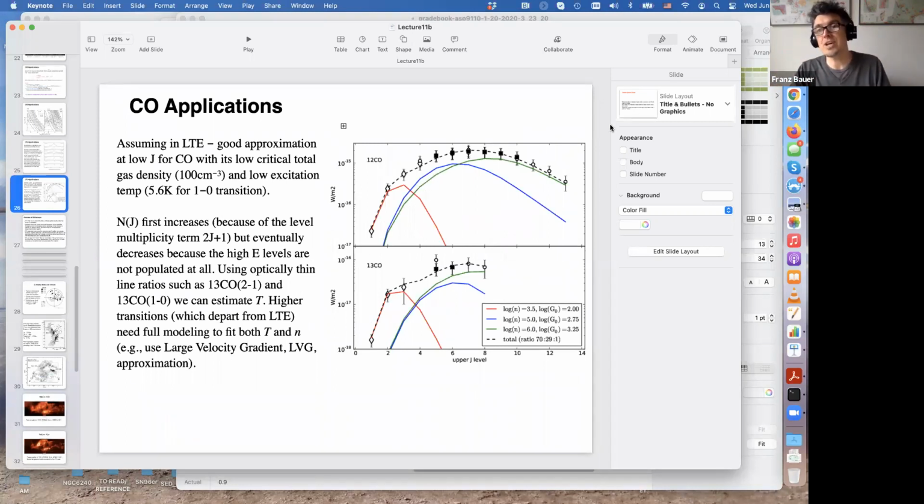For instance, an AGN might give you J of 20, J of 30, J of 100 levels. A Herbig-Haro object, with jets from a young protostar, might also give you J of 20, J of 30 lines.